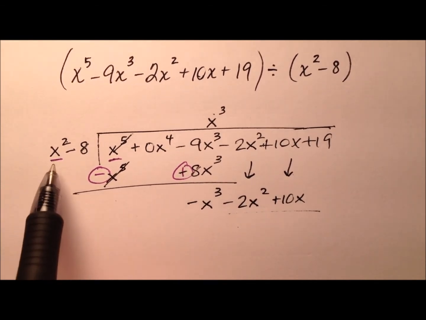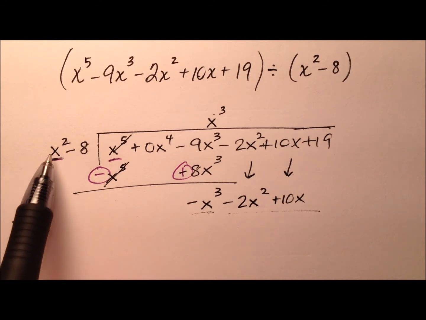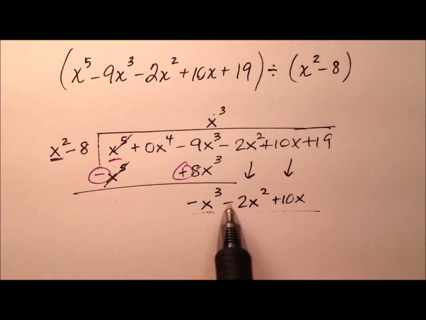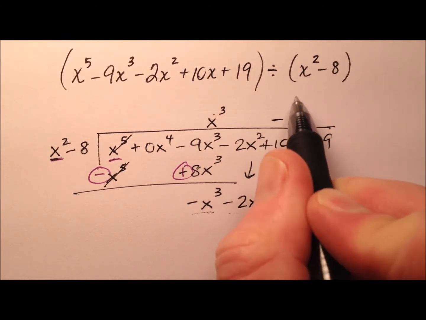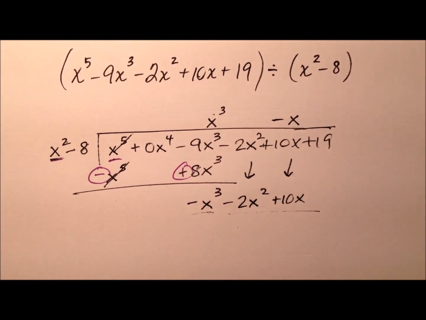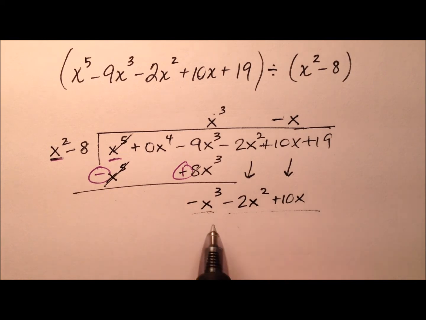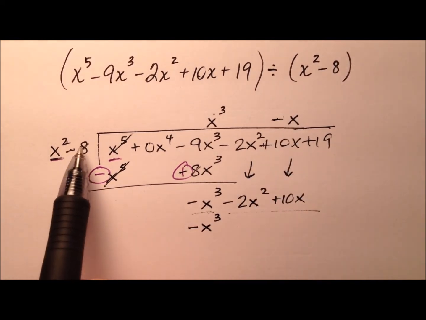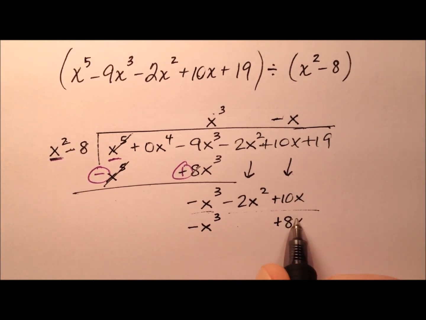Okay, so looking at these leading terms, what do I need to multiply by x squared to give me negative x cubed? And that'll be negative x. So I'm going to go ahead and line up those linear terms here, so the x and the x. And I'll circle back and multiply through. So negative x cubed. And a negative x times a negative 8 makes positive 8x. So positive 8x.